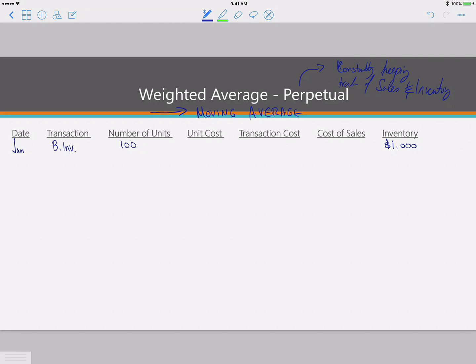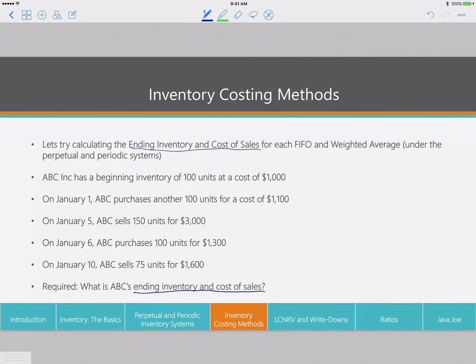It's very neat. You can use the same table for all of the different systems, and it's going to make everything a lot easier for you at the end to calculate everything. Now, there was no transaction cost this period, and there was no cost of goods sold for this period. So we just know that we have a total inventory worth $1,000, and we have 100 units in said inventory.